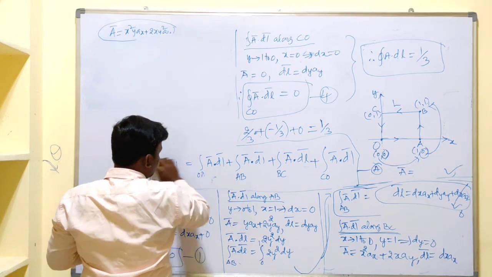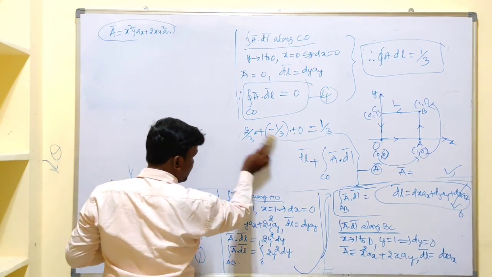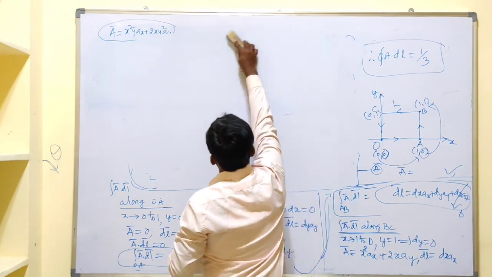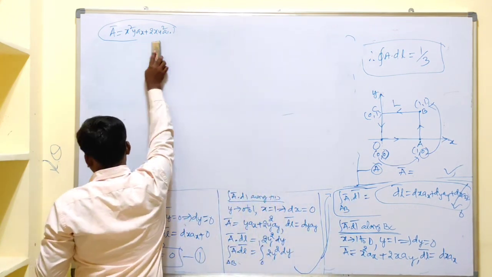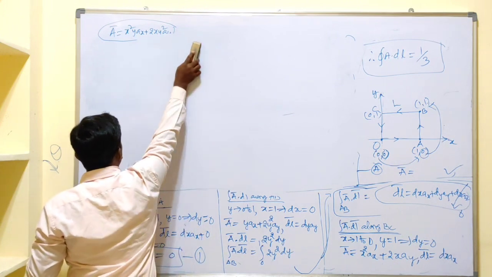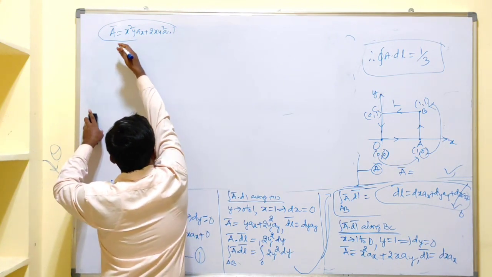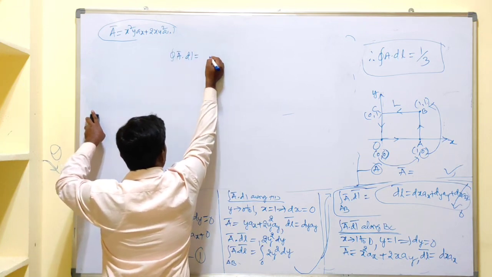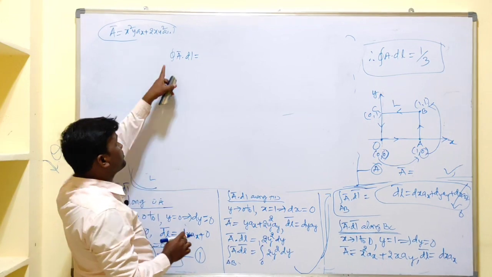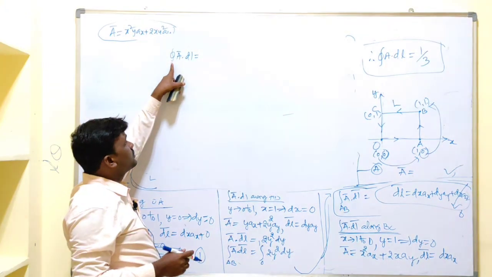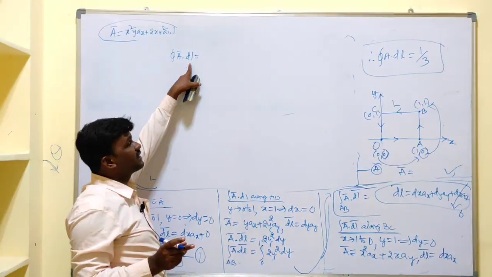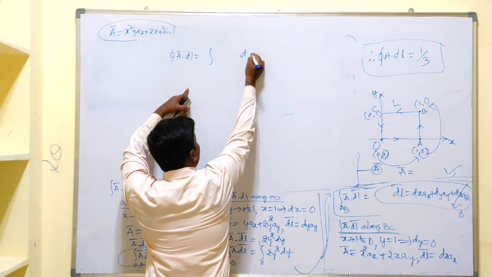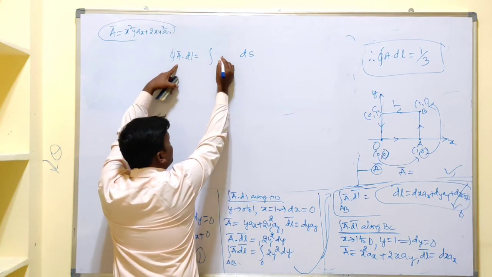Stokes theorem states that the closed line integral of A around a closed path, the integral of A bar dot dl bar, is equal to what? Remember, Stokes theorem is used to convert a line integral into a surface integral.